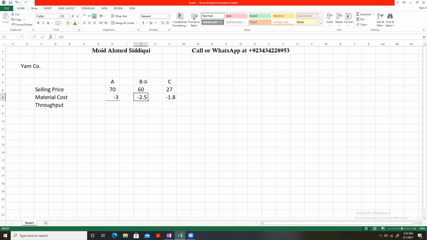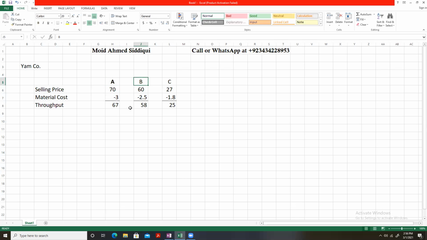We can easily calculate it by just subtracting the material cost from the selling price. Now, this is the throughput for each product per unit.